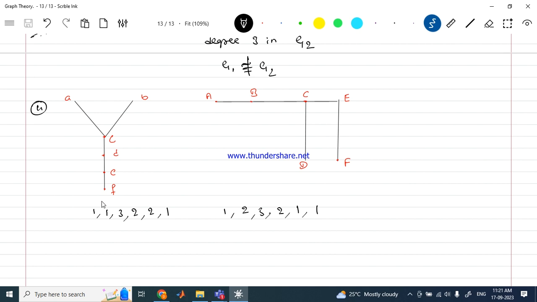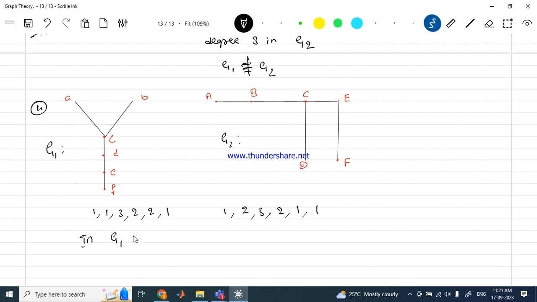How? Here you can note that C is one vertex with degree 3, which is adjacent to one vertex of degree 1. Whereas C is the only vertex in this graph whose degree is 3, which is adjacent to two vertices of degree 1. Okay, this is G1, this is G2.